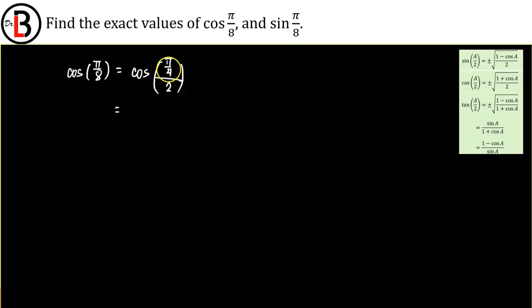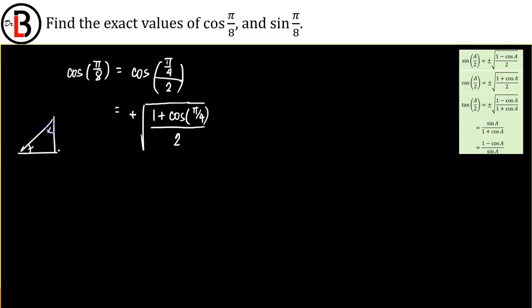So what's cosine of half of pi over 4? First, pi over 8 is an acute angle. It's in the first quadrant. So that means we will be using the positive square root of 1 plus cosine of pi over 4 all over 2.